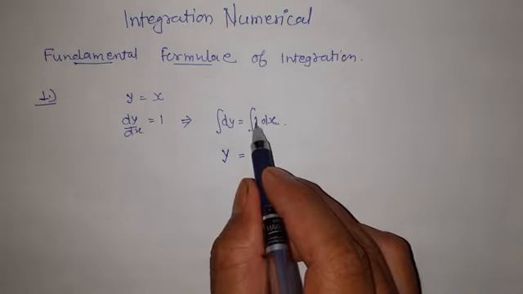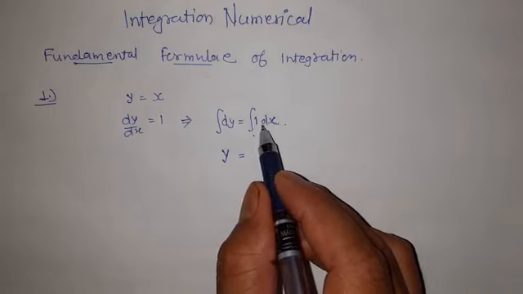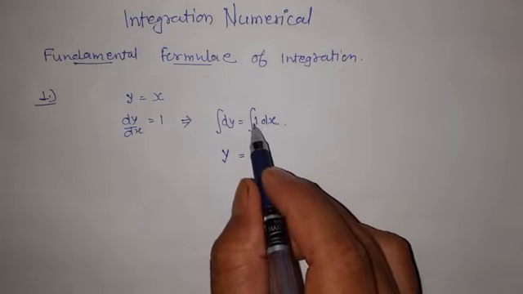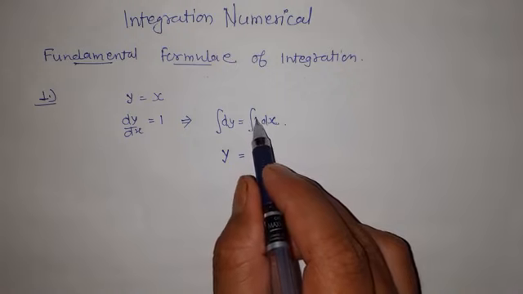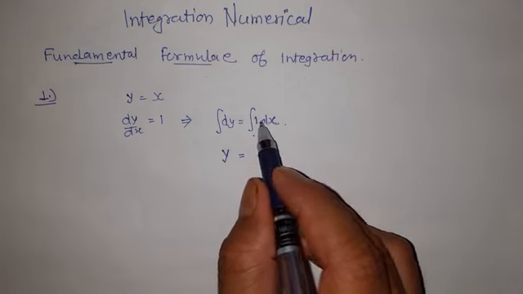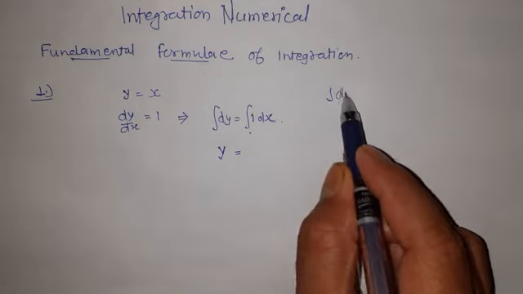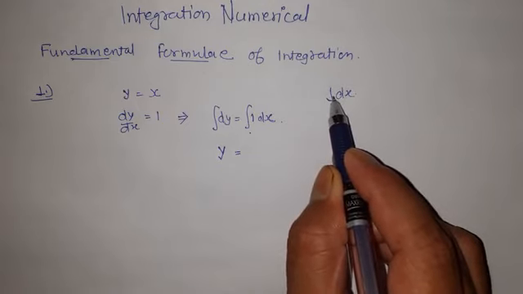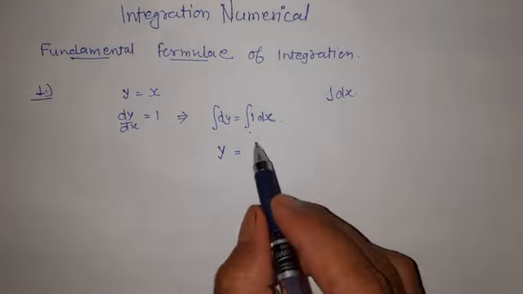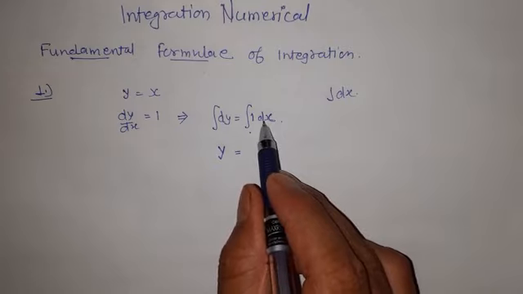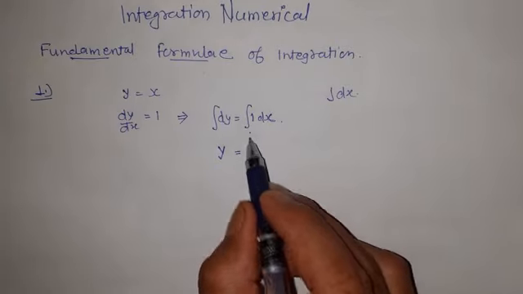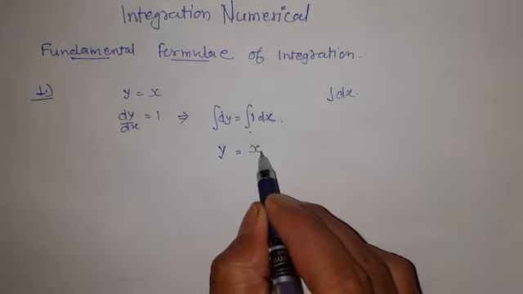The 1 means that if you do not show anything at this place, it is 1. Simply, if you write dx, what is along with it is 1. So it means all the small dx combined give the total x.